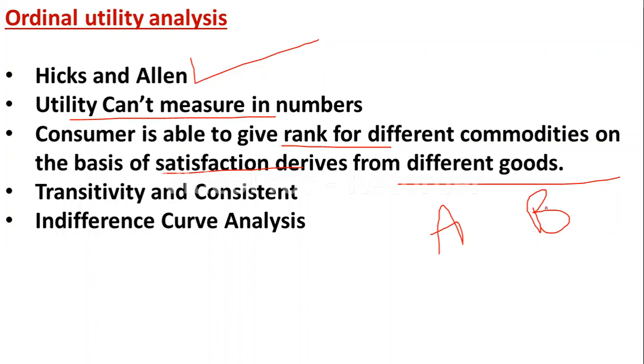If I like bananas more and apples less, then I can give grade A to banana and grade B to apples. In this way, the consumer can give grades or ranks to different commodities, but he cannot measure the utility in numbers. This ordinal utility analysis is based on transitivity and consistency. For example, indifference curve analysis.